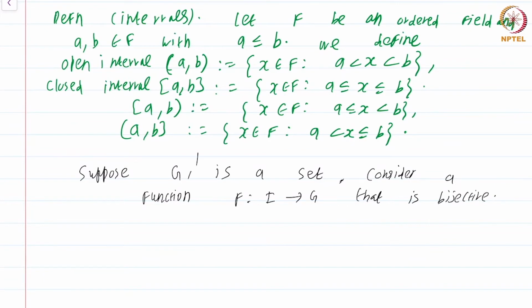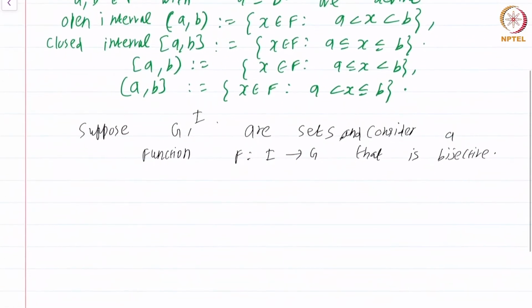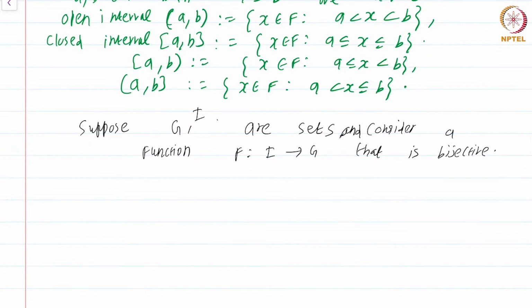So suppose G, I are sets and consider a function f from I to G that is bijective.